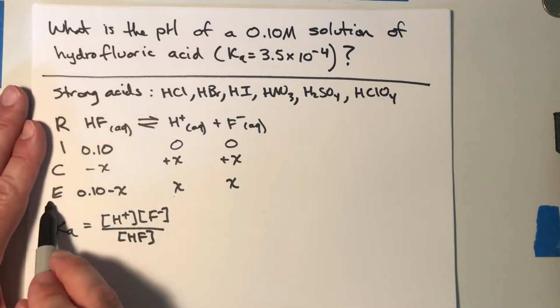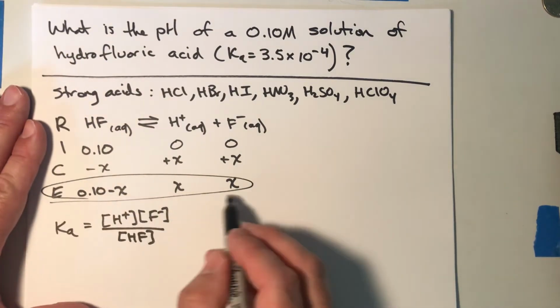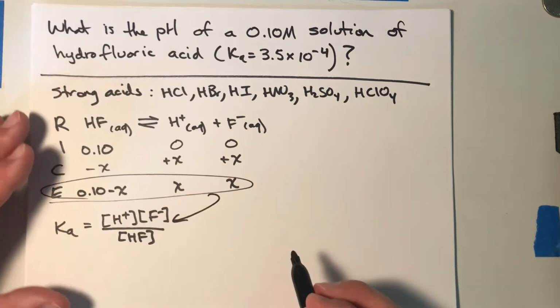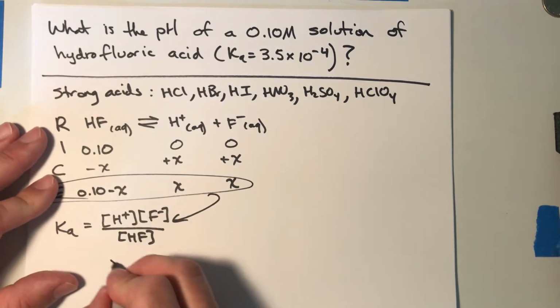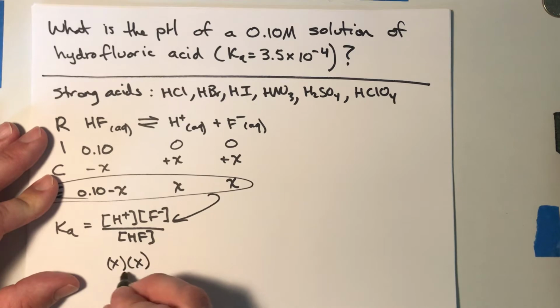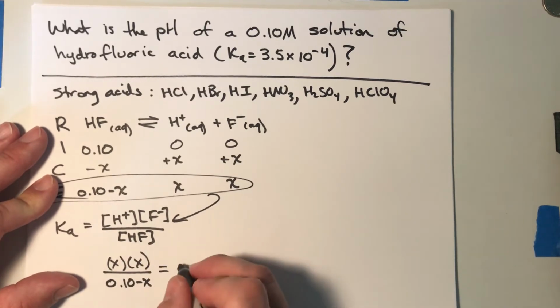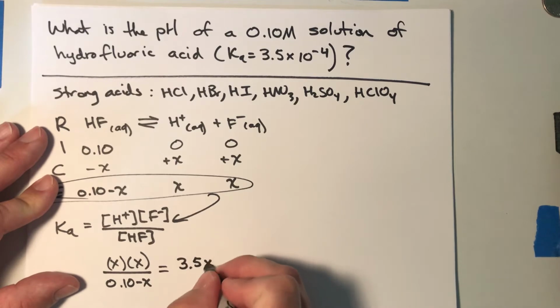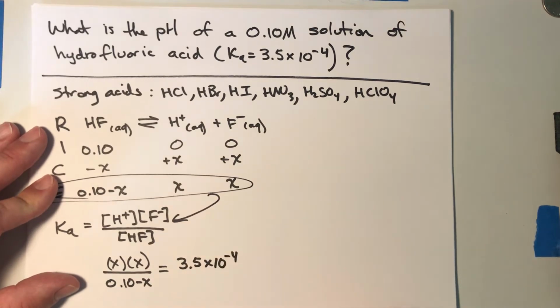And now we're going to take our equilibrium row of our Rice table and plug it into our equilibrium expression. All right, so that's going to be X times X over 0.10 minus X, all of which is equal to our Ka value of 3.5 times 10 to the minus 4.